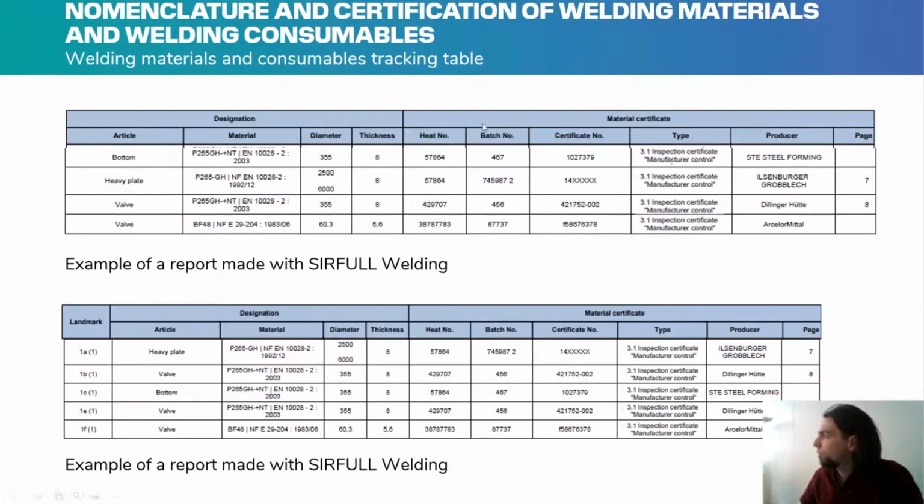You need the heat number, the batch number, you need to provide the producer, and of course, it's better to know where the certificate is used. So if you have a plan, you can use a landmark or an ID and put it on your plan. This is a possibility.